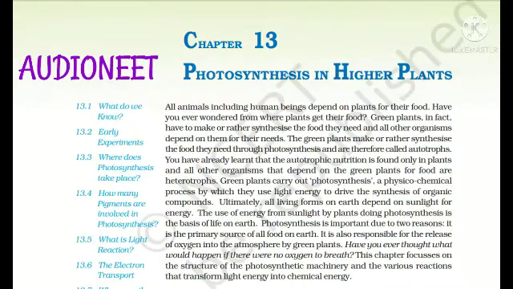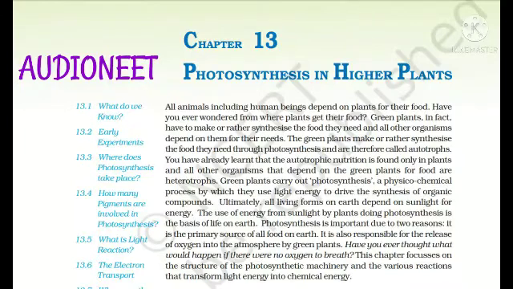Using a similar setup to the one used by Priestley, but placing it once in the dark and once in the sunlight, Jan Ingenhousz (1730 to 1799) showed that sunlight is essential for the plant process that somehow purifies the air fouled by burning candles or breathing animals.